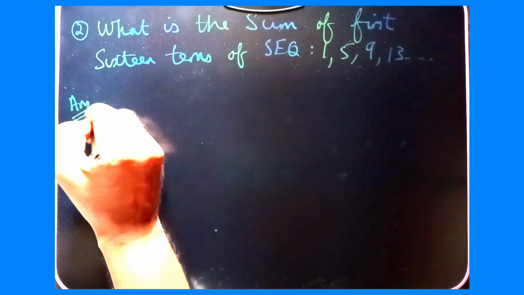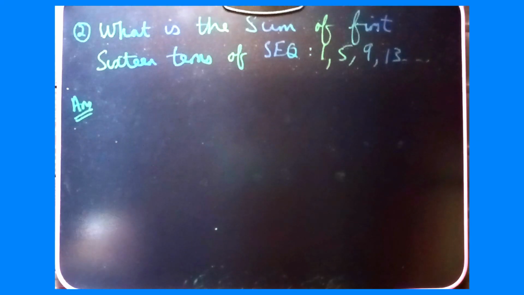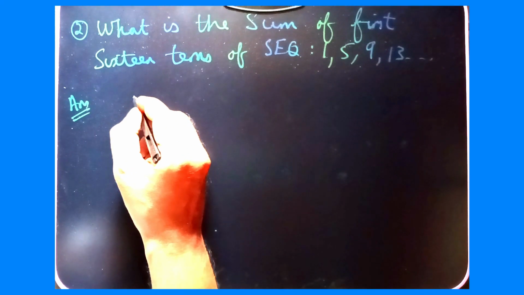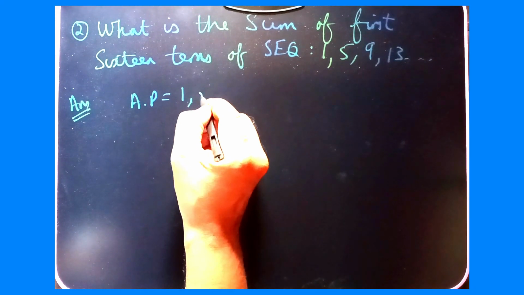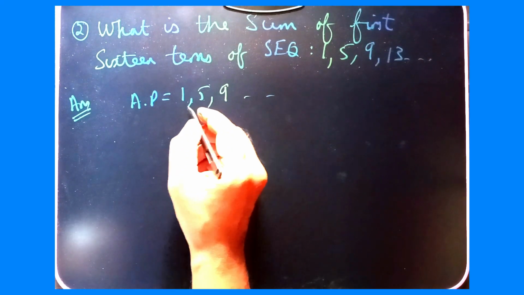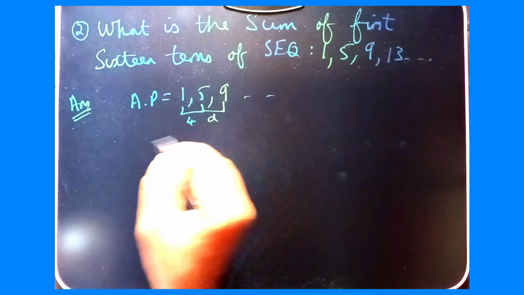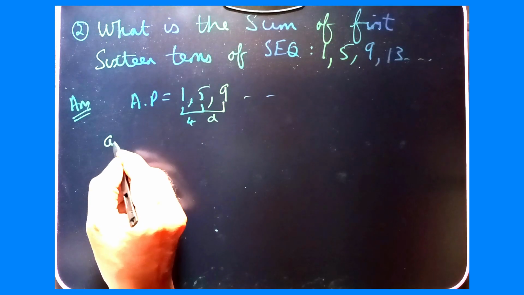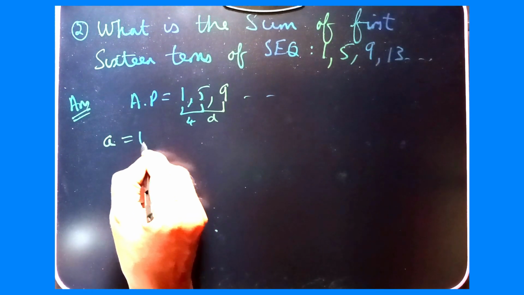So let me solve. Try to solve it yourself before you see the solution. Pause it and try to solve yourself. Okay. So the arithmetic progression is given as 1, 5, 9 and so on. The difference is basically 4. This difference is also 4. So a is equal to 1.